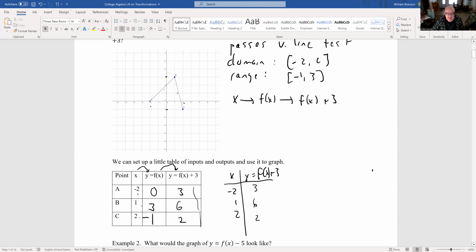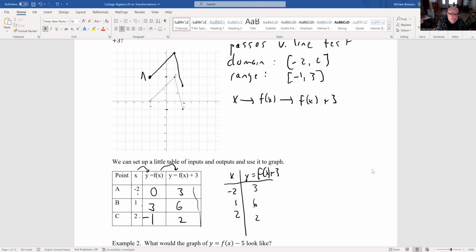So I have a function like that. And if I graph that function, x is -2, y is 3, that's here. x is 1, y is 6, that's up here. And x is 2, y is 2, that's up there. So there's our function.